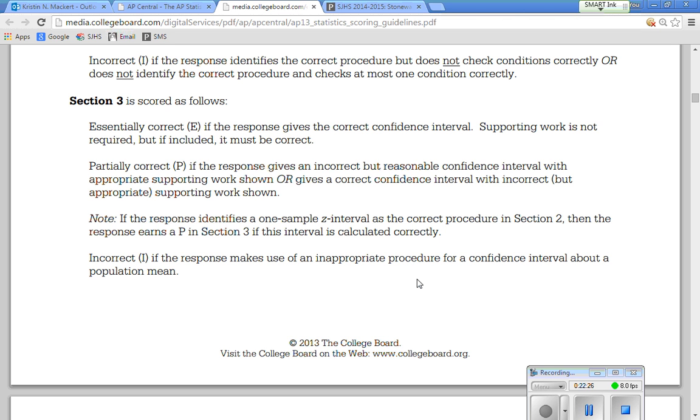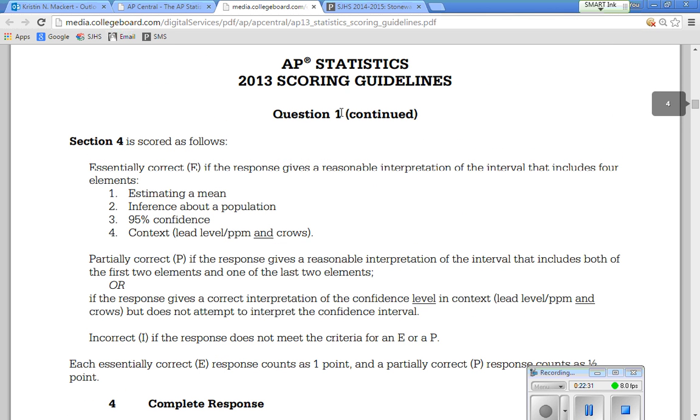Okay? All right, let's look at section 4. So section 4, we're looking at an E, a P, or an I. Your interpretation of the interval should talk about estimating a mean, inference about a population, our 95% confidence, and the context.